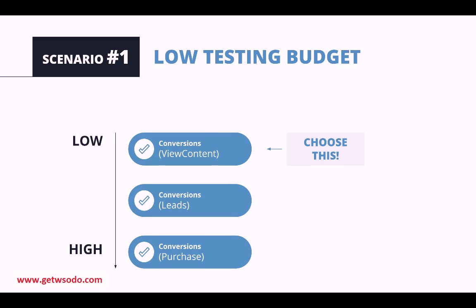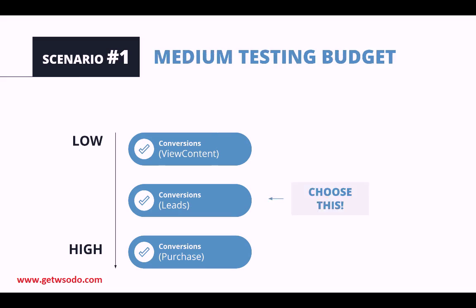Now, if something pays $30, then in order to get 10 purchases, you might need to spend $250 or $300 or whatever it is, right? But let's say that you're doing view content. Well, in order to get just 10 view content pixel fires, maybe that's only going to cost you like $10 or something like that. So lower testing budget, lower conversion objective.